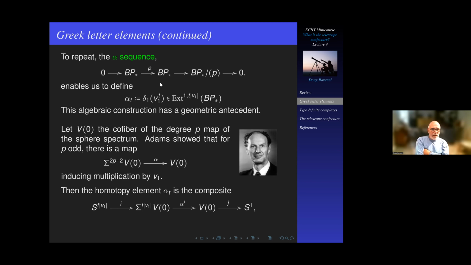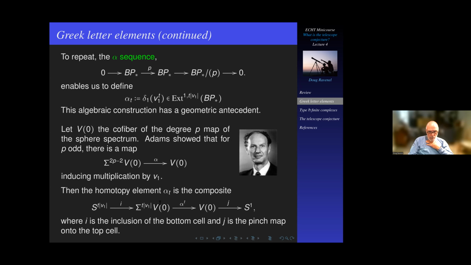So the way you get this homotopy element is you take this map alpha and iterate it T times. Now that's a map from a big suspension of V0 to V0 itself. Then you precompose with the inclusion of the bottom cell into V0, and then you post-compose with the pinch map. Remember, V0 is the mod P Moore spectrum.